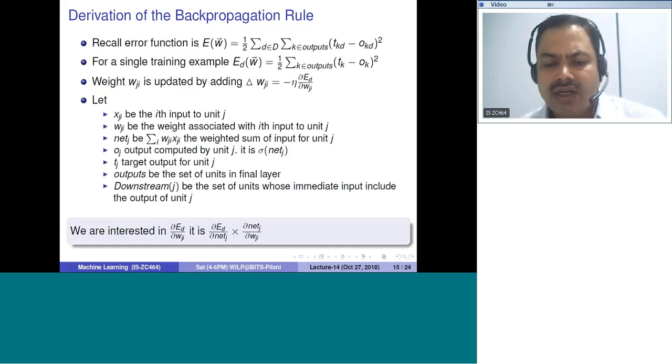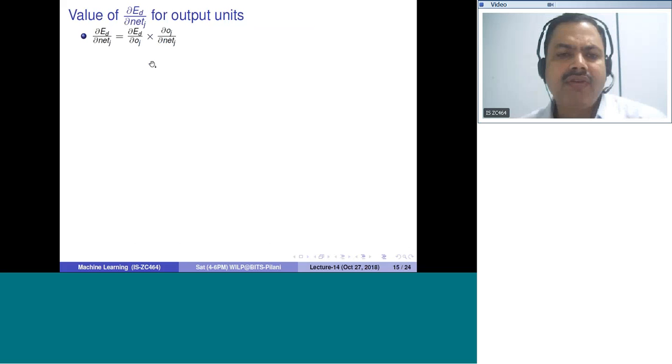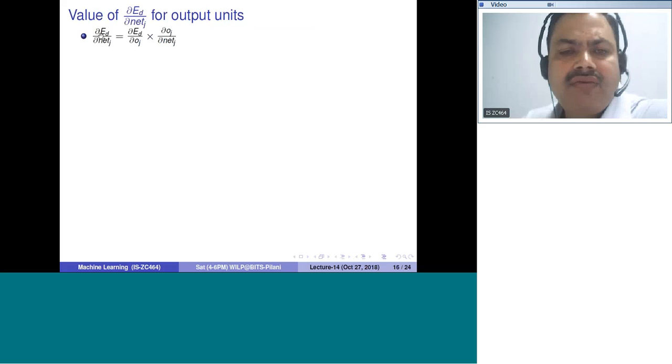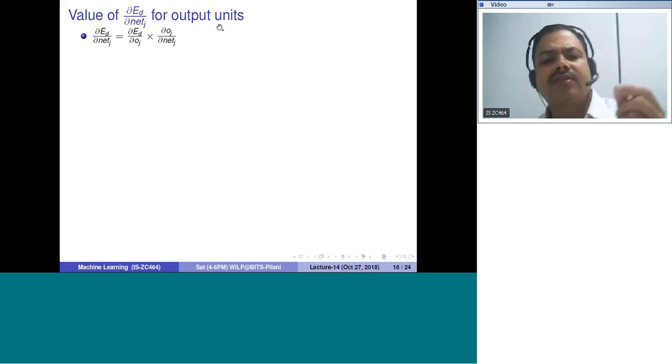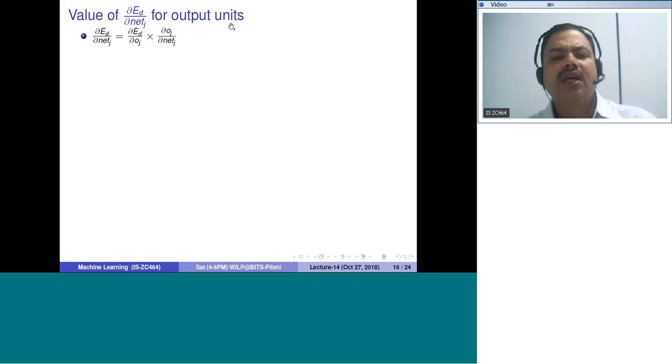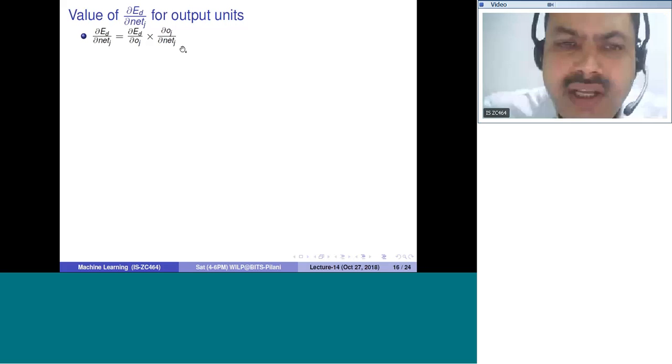And you know that this net is just a multiplication of the weights, so therefore it comes out to be xji, and this remains: what is the value of this thing? Here you see the xji term comes, but what is the value of Ed given net j? We want to find this for two cases: first for the output units, and then for the hidden units.